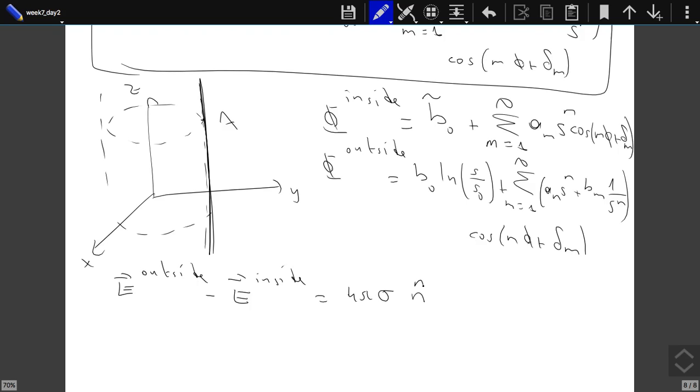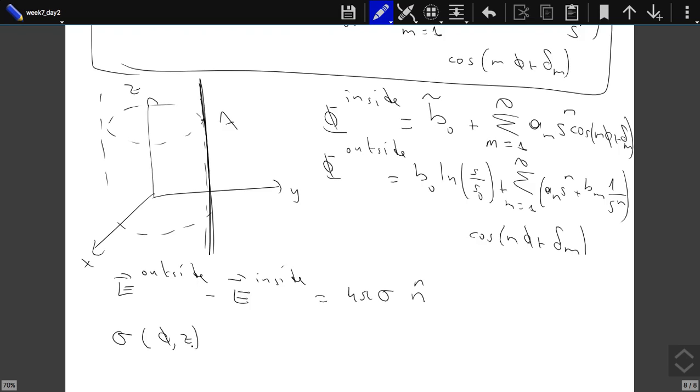Now here I have a surface charge density. Now the surface charge density will be a function of phi and z. And, well, a line charge density I can write as a surface charge density and also as a volume charge density. Now here the discontinuity in the electric field is proportional to the surface charge density.